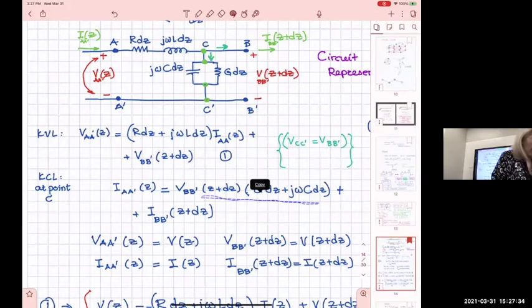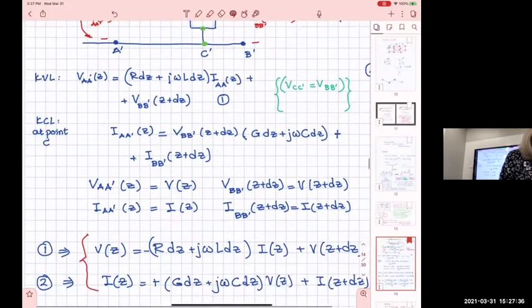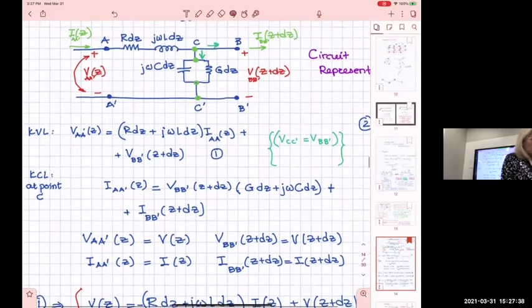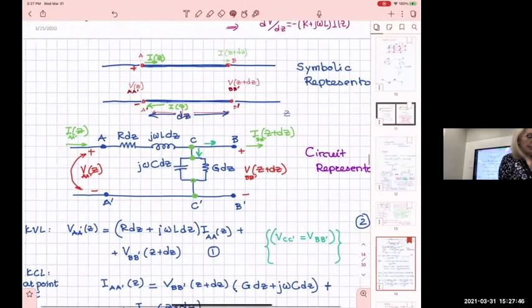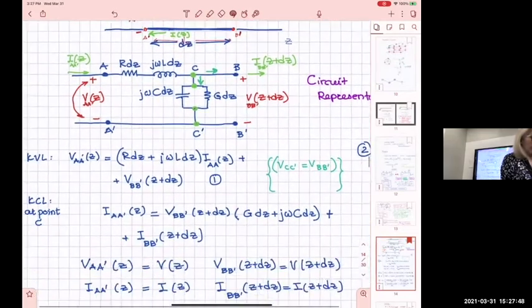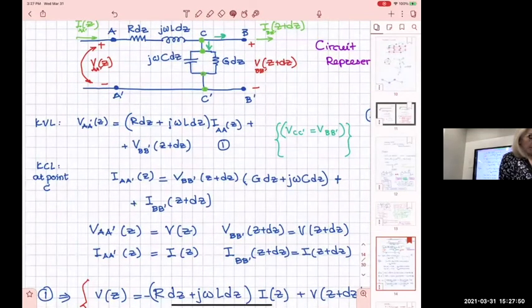Okay. So now I realize also what I said, that V_AA prime of z is nothing else but the voltage that I have on my line here at point z, and V_BB prime of z plus dz is nothing else but the same voltage at z plus dz.